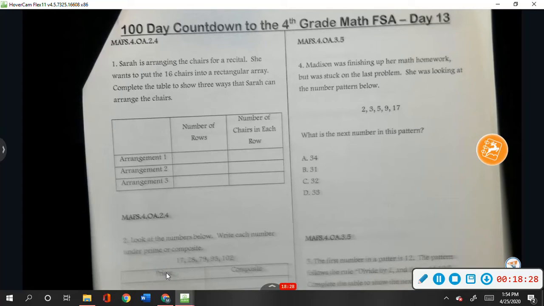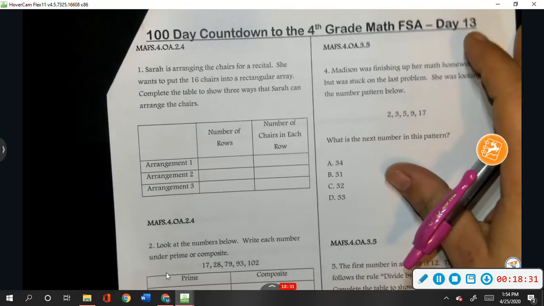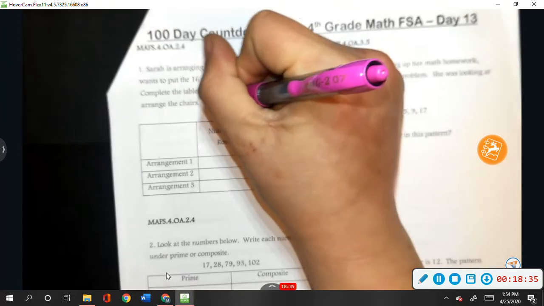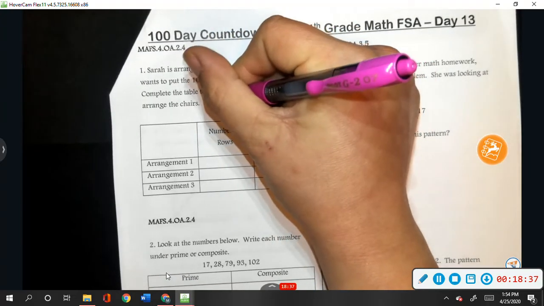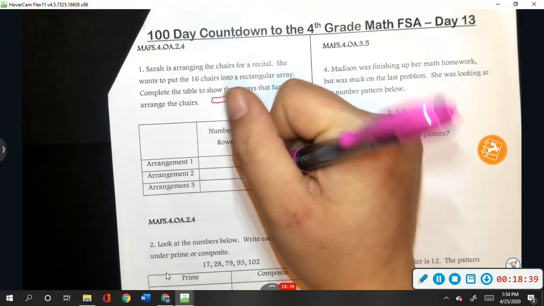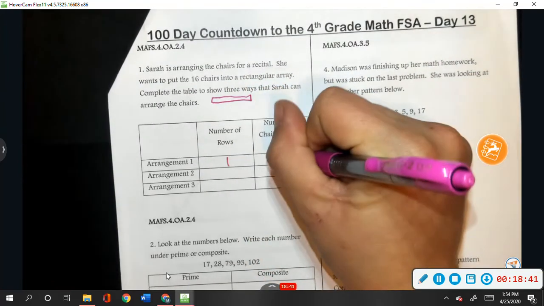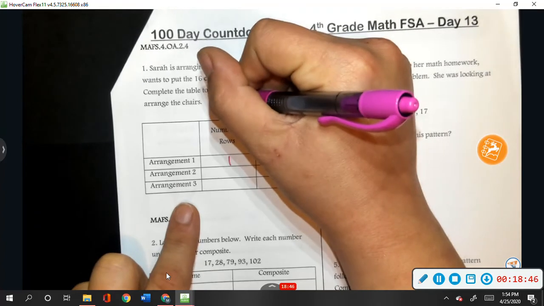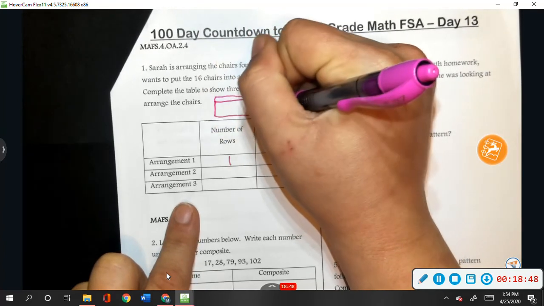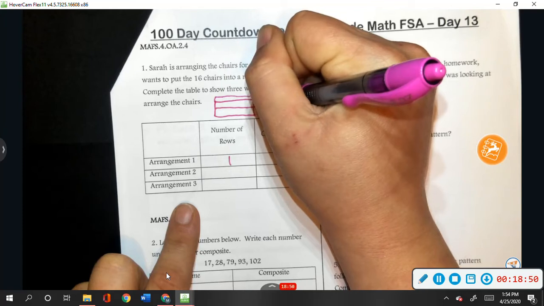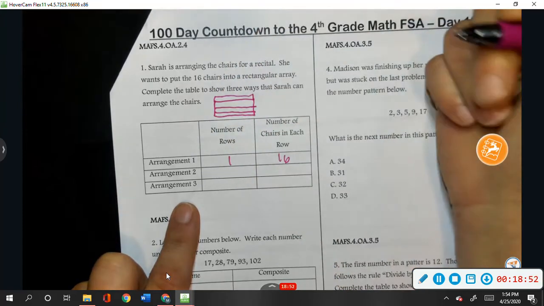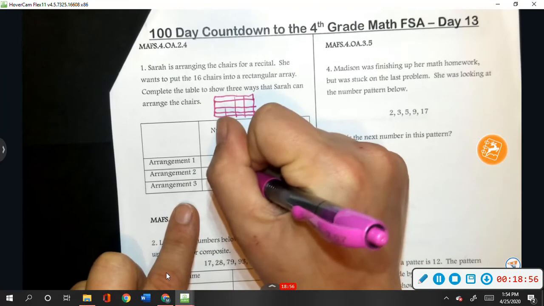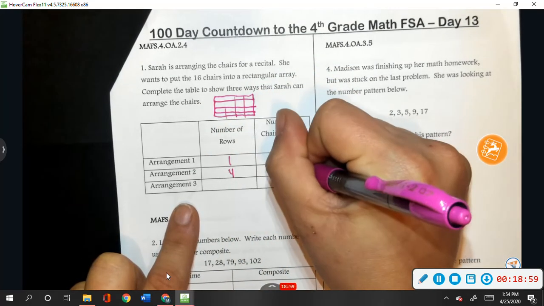Well, all they're saying is how many different ways can she set them up? Can she set them up with just one row? With 16? One row with 16 chairs in it. Another way she could do that, she could make it into 4 rows. That's 1, 2, 3, 4 rows with 4 chairs in each. 4 rows, 4 chairs.